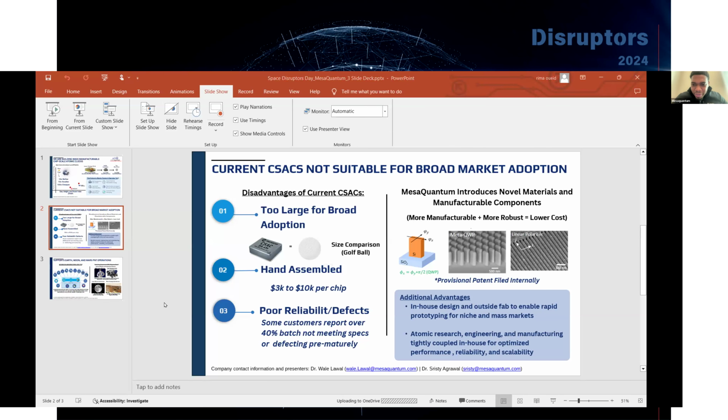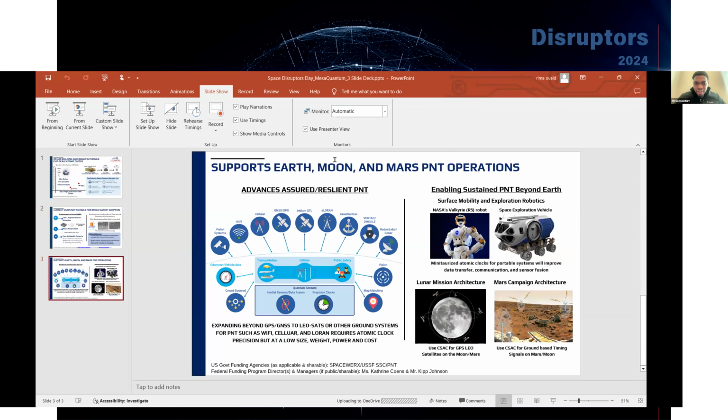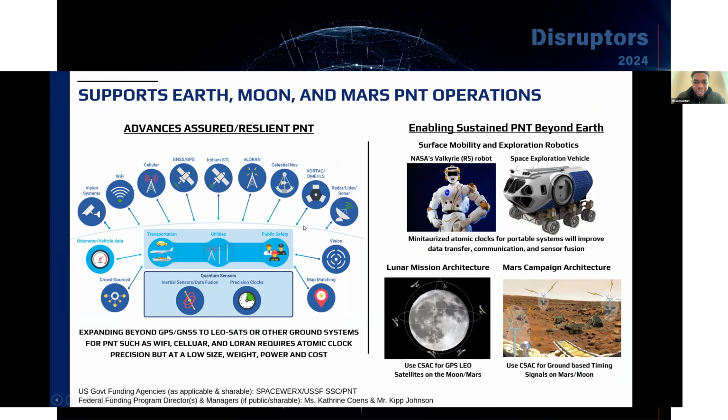I think the screen may have gone away from the full screen share. One of the areas we wanted to emphasize with these miniaturized, low size, weight, and power atomic clocks is the ability to contribute towards assured and resilient PNT. That's been a big push.